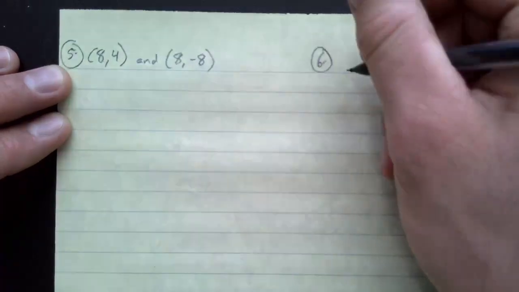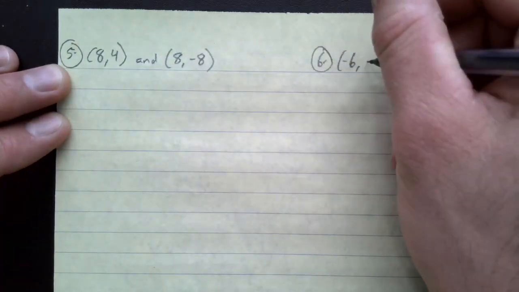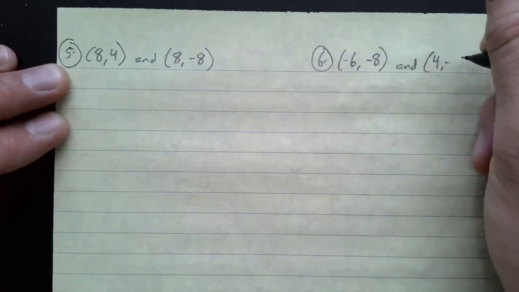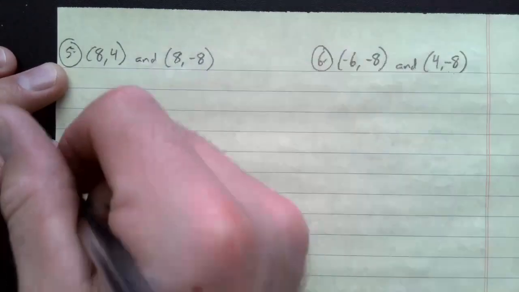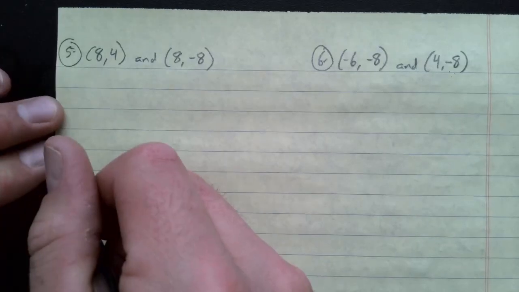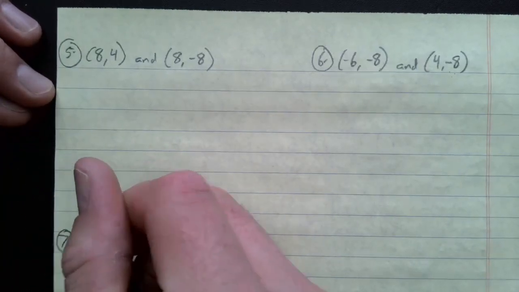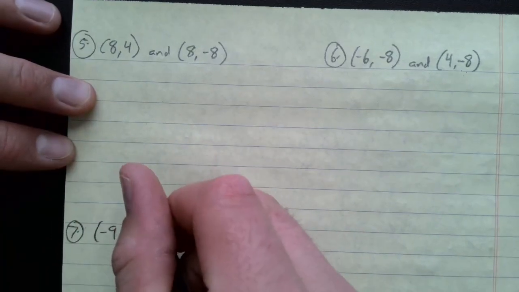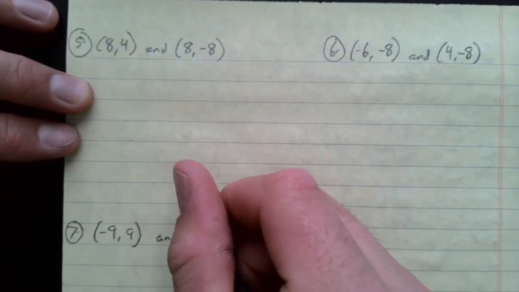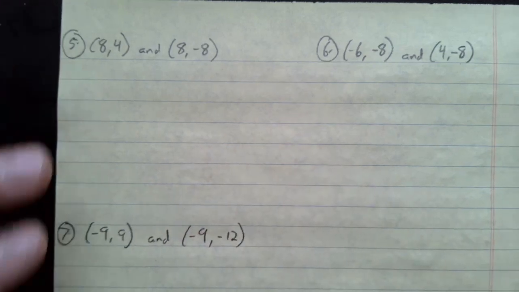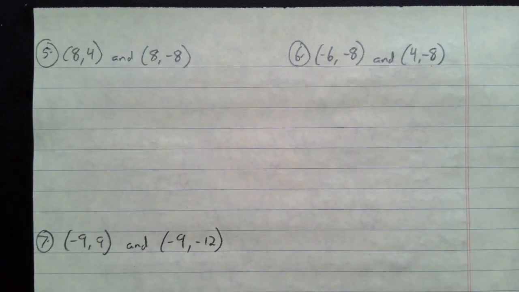Number 6 is (-6, -8) and (4, -8). And skip a couple lines for number 7. Number 7 is going to be (-9, 9) and (-9, -12). Go and try numbers 5, 6, and 7 on your own.